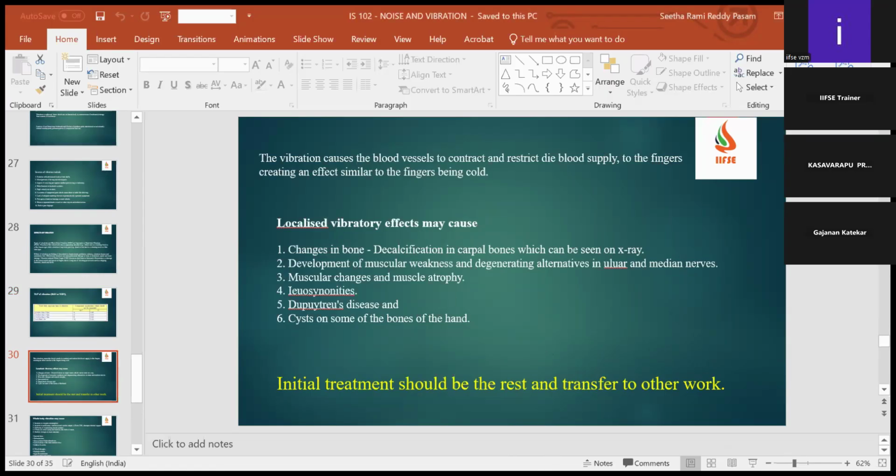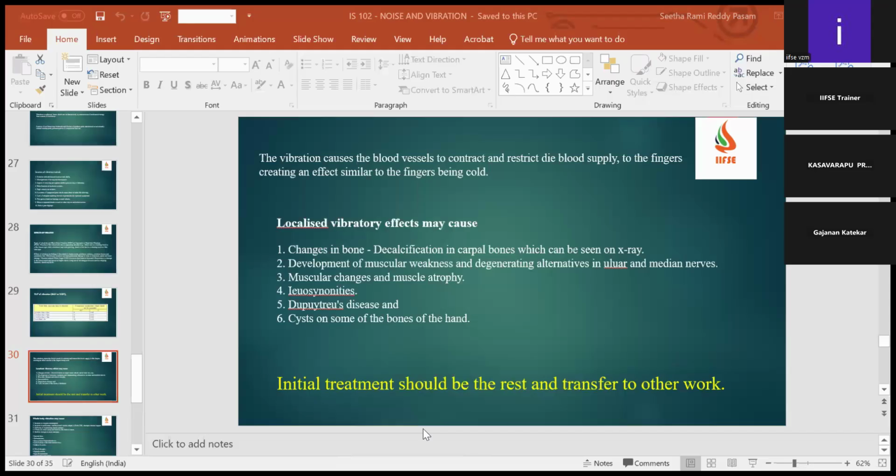Okay, fine. Thanks. So again, if people are exposed to vibration, what will happen? It causes the blood vessels to contract and also restricts the blood supply to the fingers, creating an effect similar to the fingers being cold.